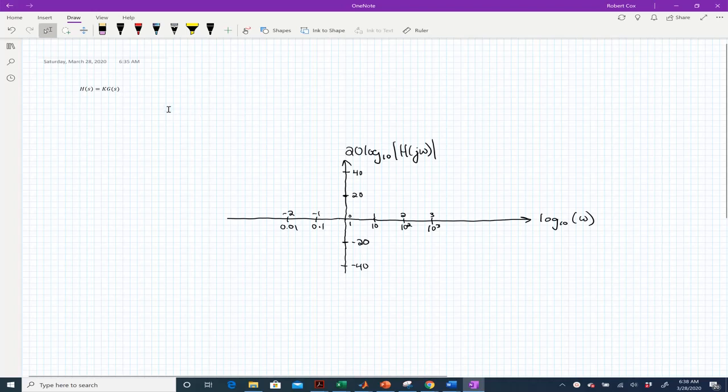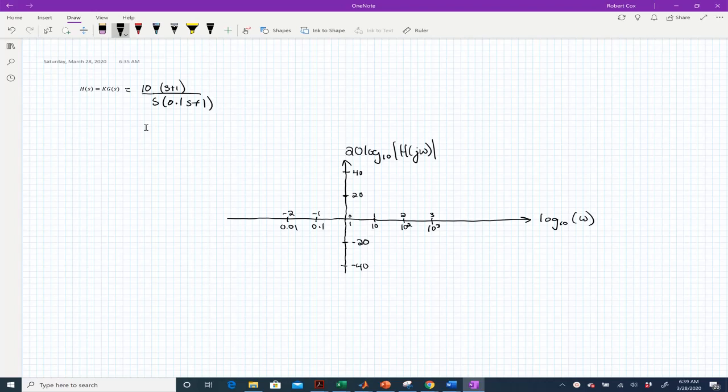Okay, let's look at the constants that we have multiplying our transfer functions. In general, anytime we have these transfer functions, H(s), it's always equal to K times something else. That something else could be, for instance, 10 times (s plus 1) over s times (0.1 s plus 1).